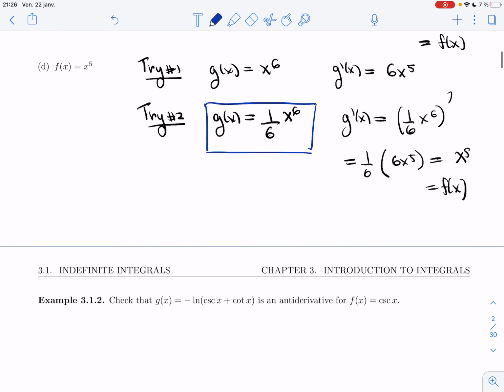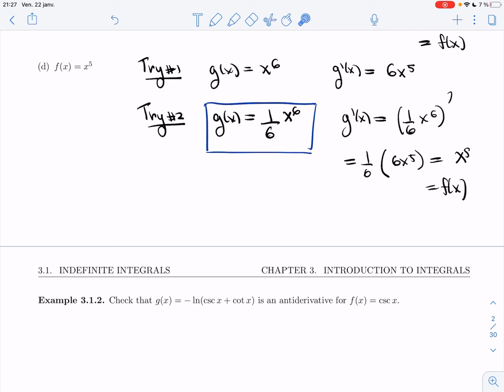Alright, let's try something a tiny bit more complicated. Example 3.1.2, check that g of x, which is minus log of cosecant x plus cotangent x, is an antiderivative for cosecant of x. Now, if I ask you for the antiderivative of cosecant of x, something whose derivative is cosecant of x, probably you wouldn't come up with anything.